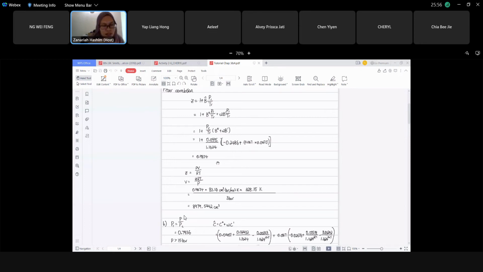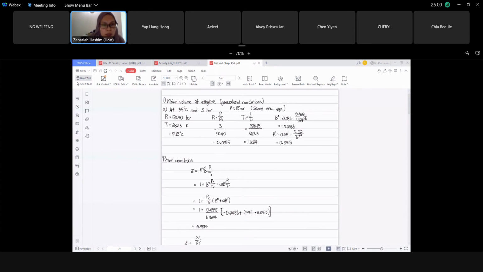Kan tadi you nampak dekat sini, you just need to determine B0, B1 and it's a function of TR. So the calculation is much simpler. So kalau pressure dia rendah, kita memang selalunya akan terus guna second virial, sebab calculation dia lebih simple, tak perlu buat interpolation. But of course you can use Lee Kessler jugalah and you will get a similar answer.